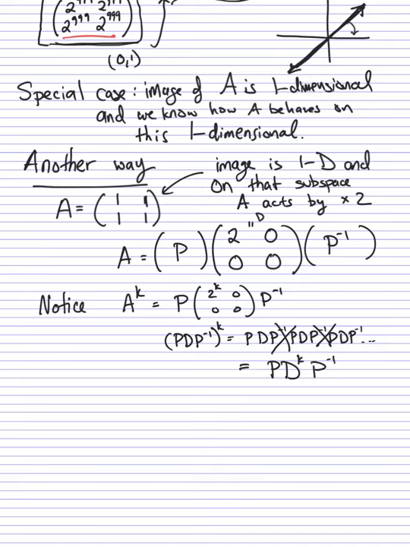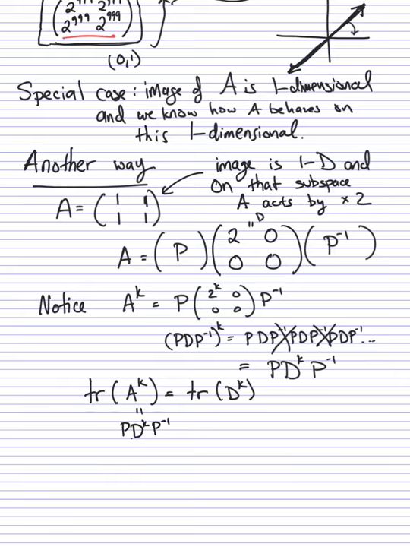On the other hand, you now get that the trace of A to the K is the same as trace of D to the K. This is because, as we worked out, this is D to the K P inverse.